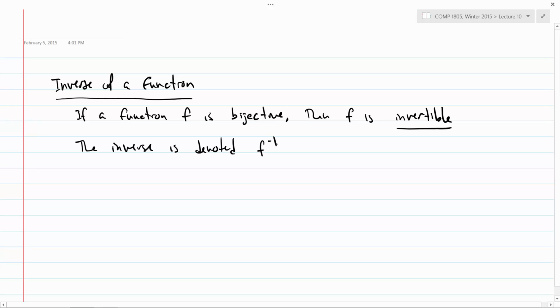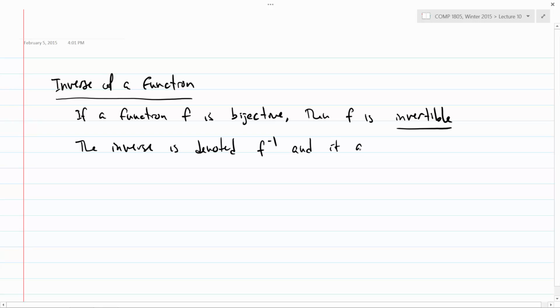Which kind of makes sense because the inverse of a number is 1 over the number. So the inverse of a function is f to the minus 1, if you like. And the way it works is it assigns to each element in the old codomain set a unique element in the old domain such that f of a equals b. All right? So the inverse is denoted f to the minus 1, which I'll read as f inverse.